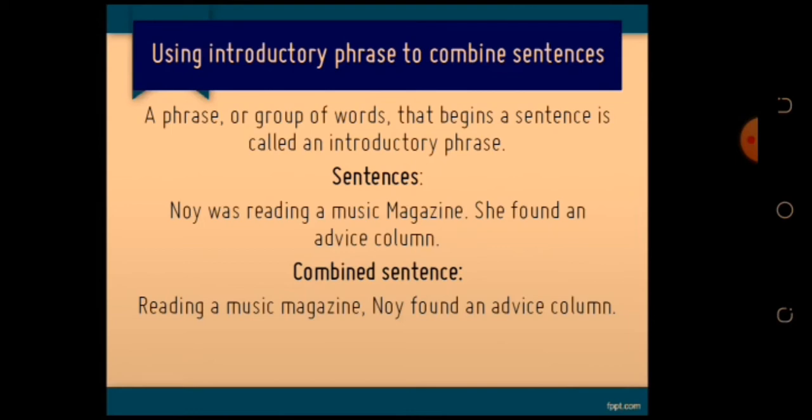Or better still, "On the way to school, he saw a gorilla." Now, introductory phrases, just like introductory words, begin a sentence. It must be at the onset of a sentence because we call it introductory.